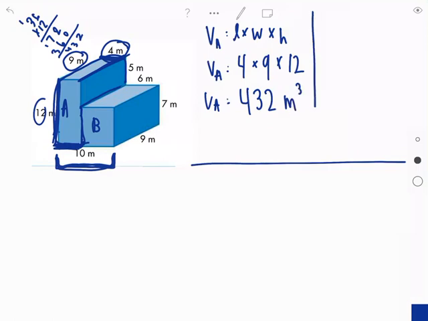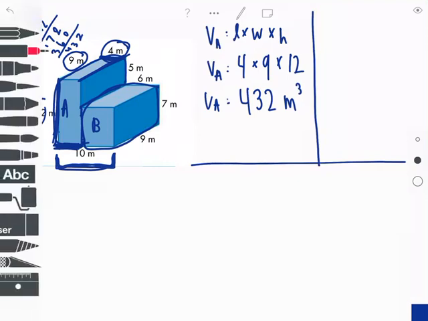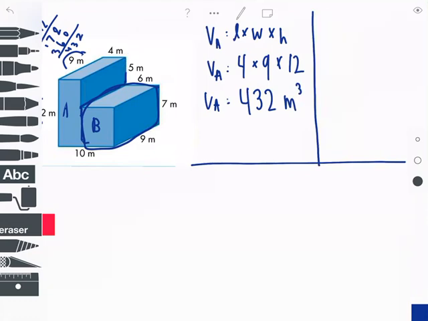Now we need to find the volume of figure B. Okay, so I'm going to erase this part just so that you don't get confused, so that we only focus on B now.